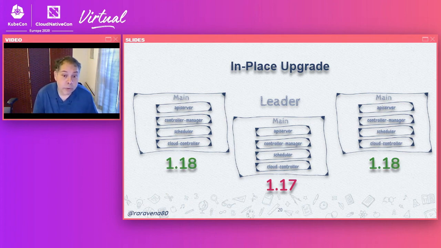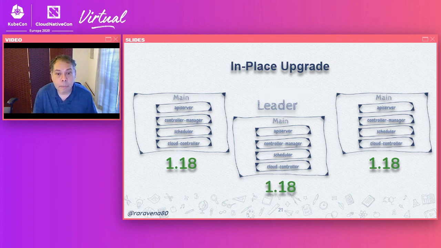Initially, you start with your nodes that are not the leaders. So you start with the nodes on the left and the right here. The leader is still there, so potentially you can still make decisions. If you have a 4 or 5 node Kubernetes control plane, then you start with the nodes that are not the leader. You identify which one the leader is.